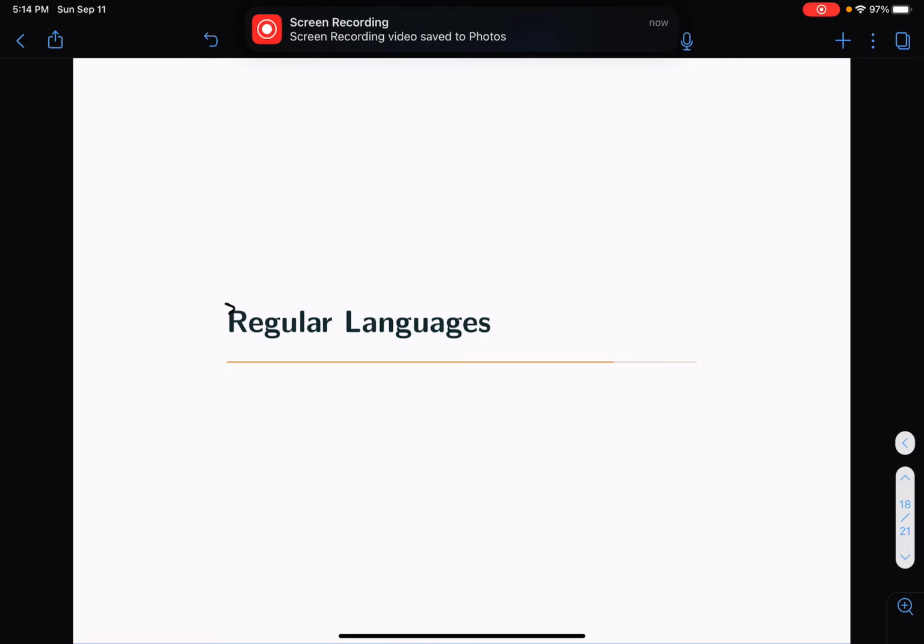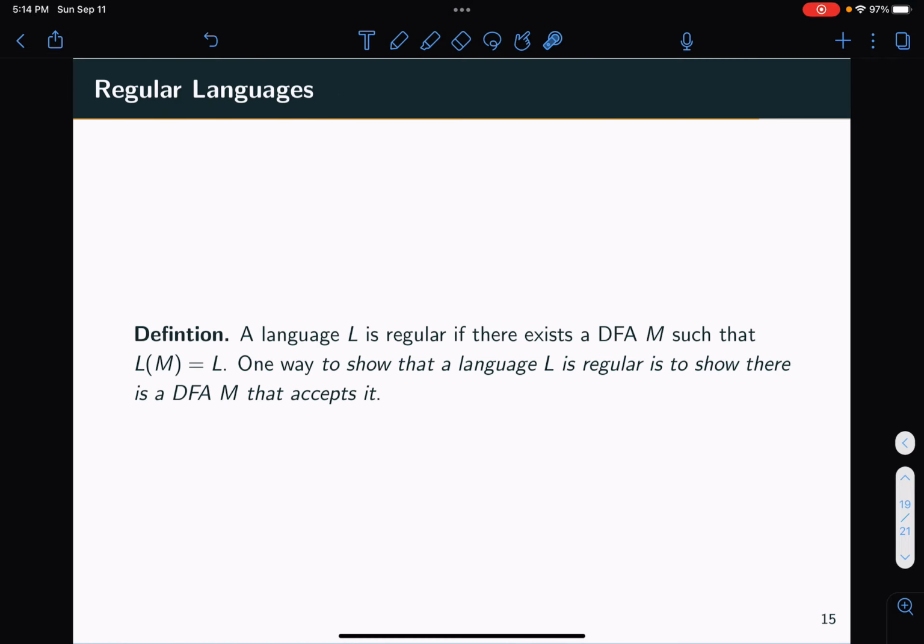So in this video, we'll be looking at the notion of regular languages. So what is a regular language? Well, we have the definition here.